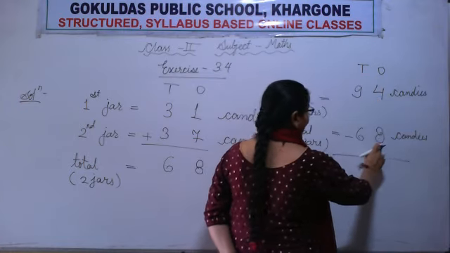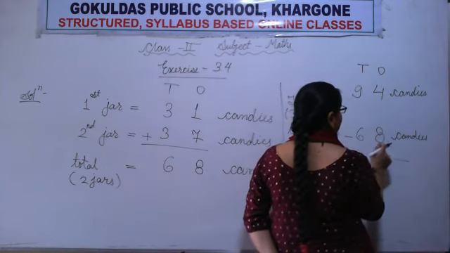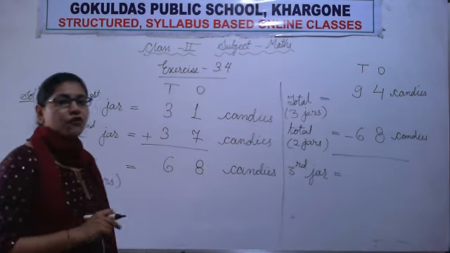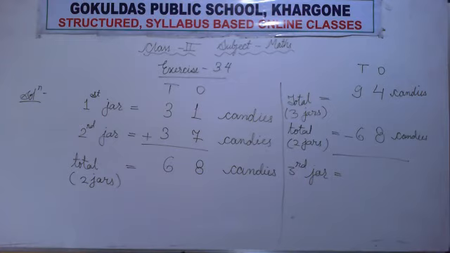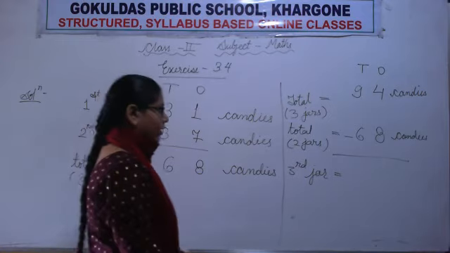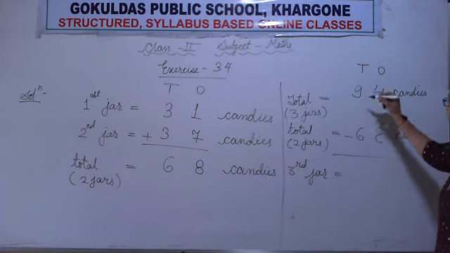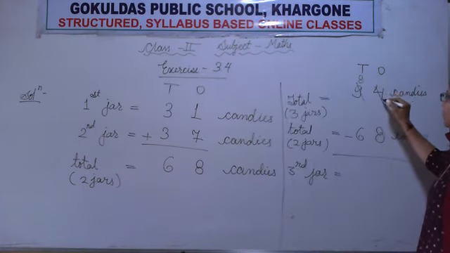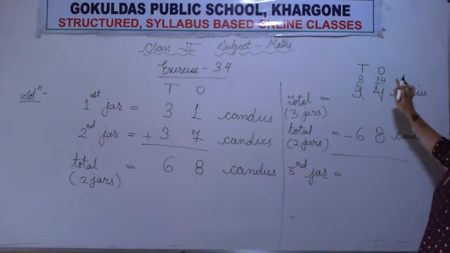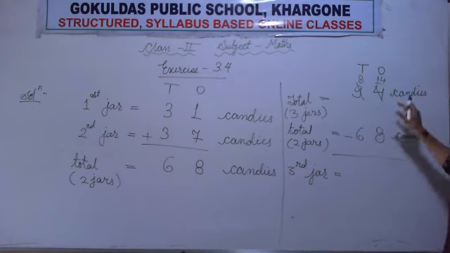4 minus 8. 4 minus 8. Can we remove 8 from 4? Yes or no? No, because 8 is a bigger number. So borrowing process. This 9 will become 8 and this 4 will become 14. So 14 minus 8. 14 minus 8.